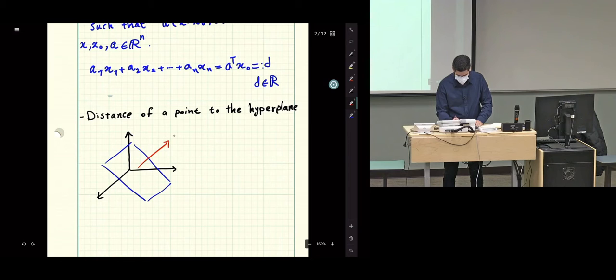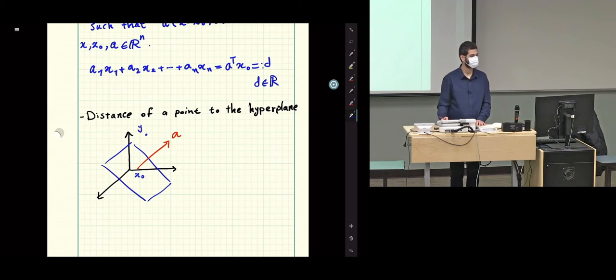Here's our normal vector. Okay, now suppose we have a point such as y. What is the distance to the plane?